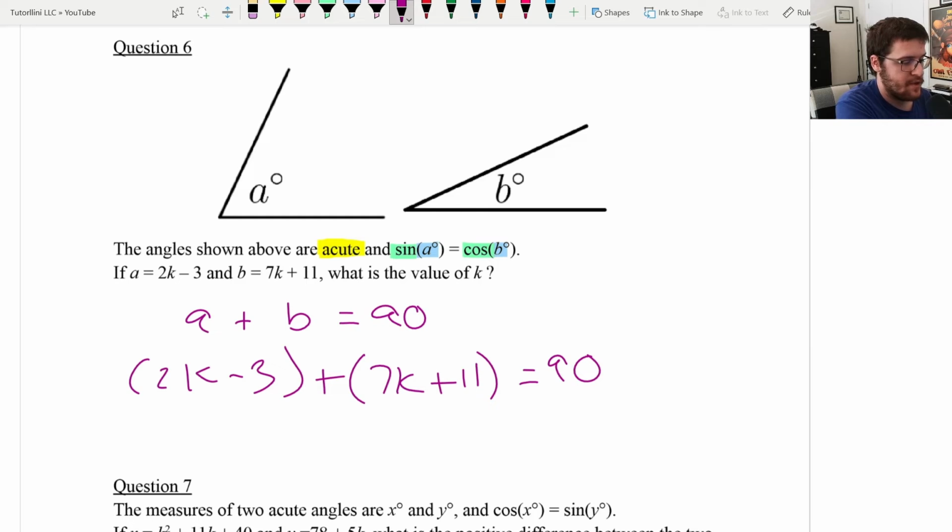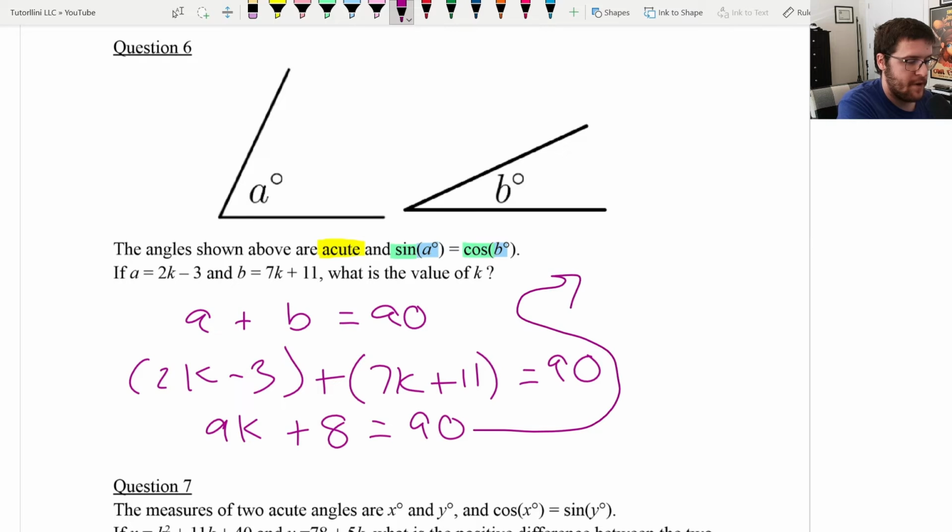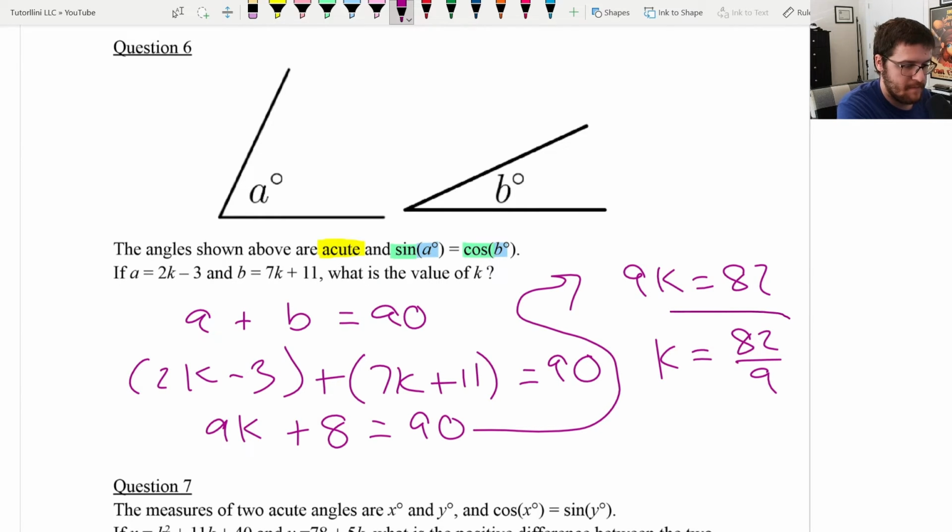We combine the like terms and we get 9k. Negative 3 plus 11 is 8. Now we'll subtract 8 from both sides. 9k equals 82. And that doesn't simplify at all. We divide both sides by 9 and we get 82 over 9.